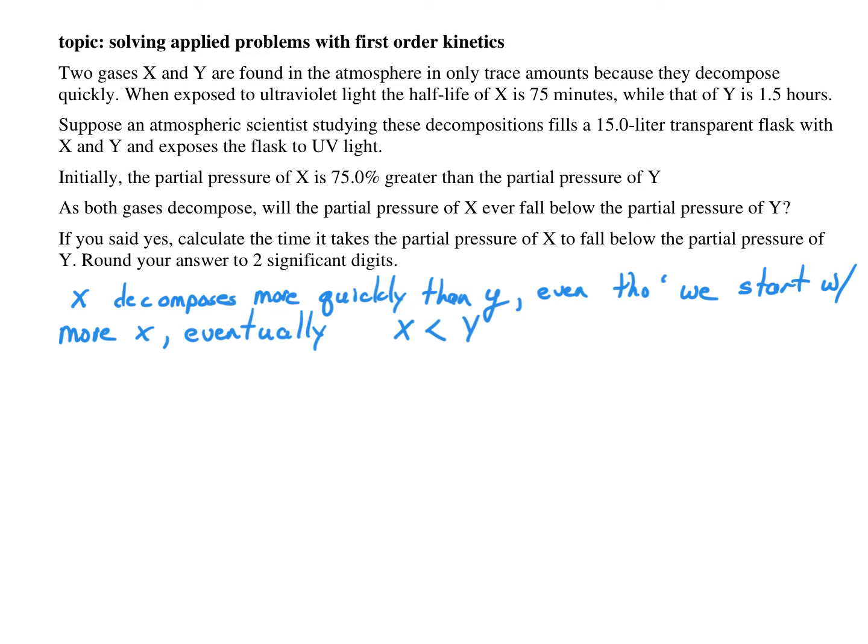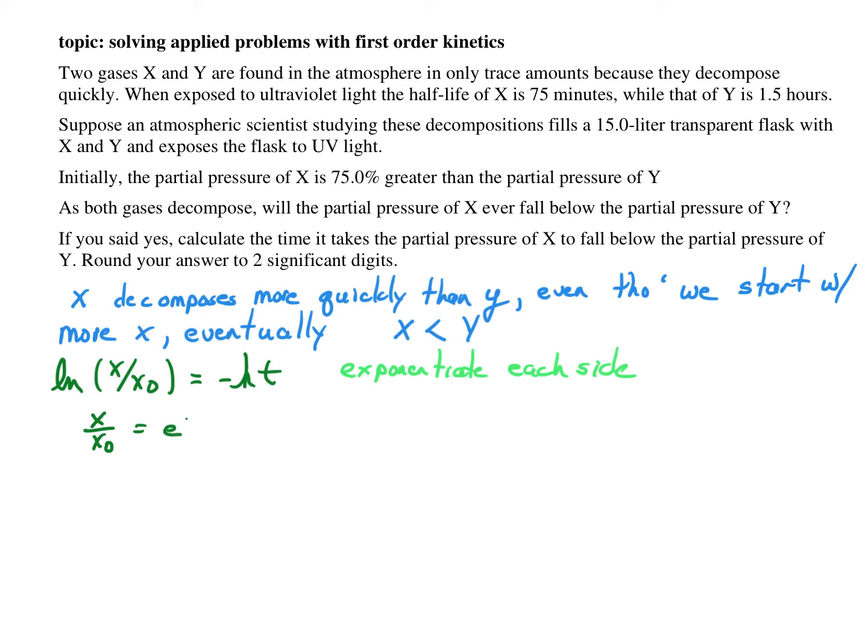We're told that this is first order kinetics. So that means the natural log of the amount of x that remains at any given time to x0 is going to be minus kt. If we exponentiate each side, raising it to the power e, we have x to x0 is equal to e to the minus kt.